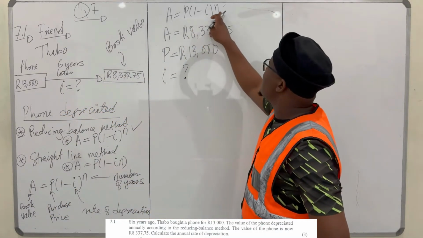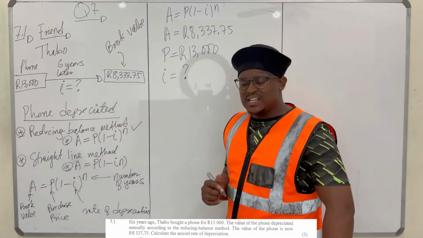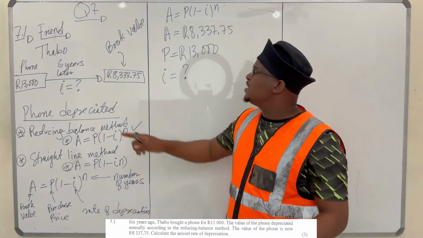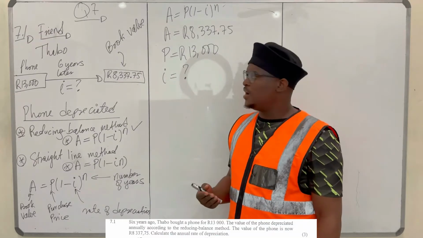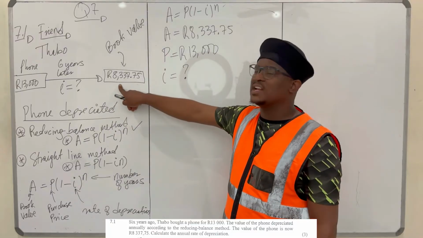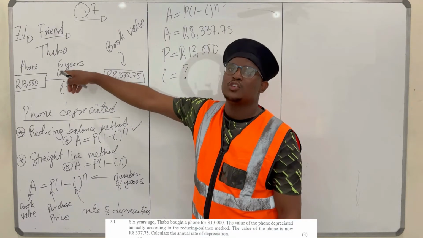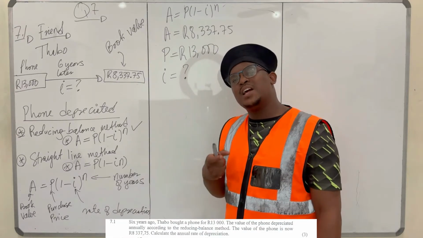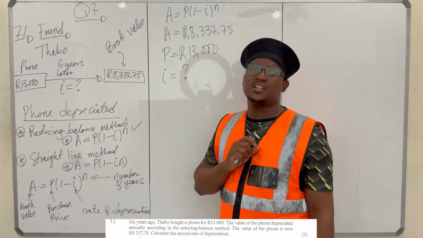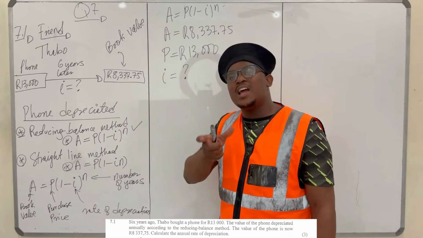Then N is the number of years. So we can see that the value of the phone today is 8,237 rand 75 cents. How long did it take for the phone to get to this point? It took 6 years. So it's the number of years to which the item has been subject to depreciation, or the period over which the item has depreciated.